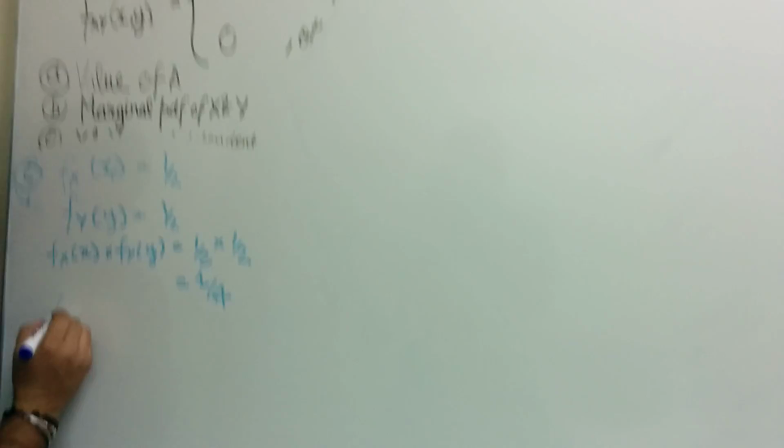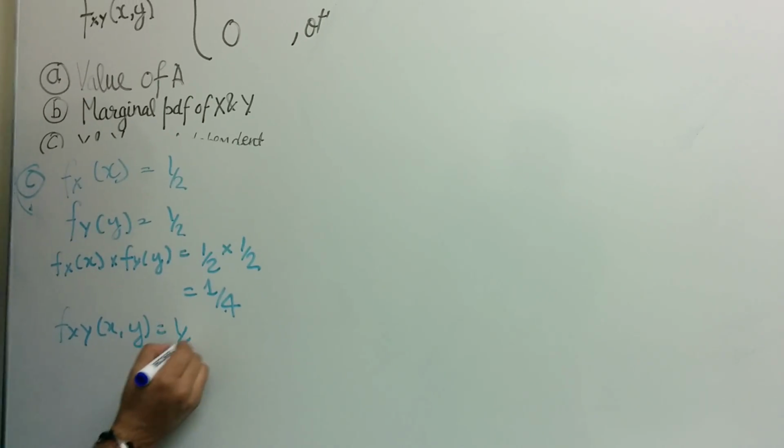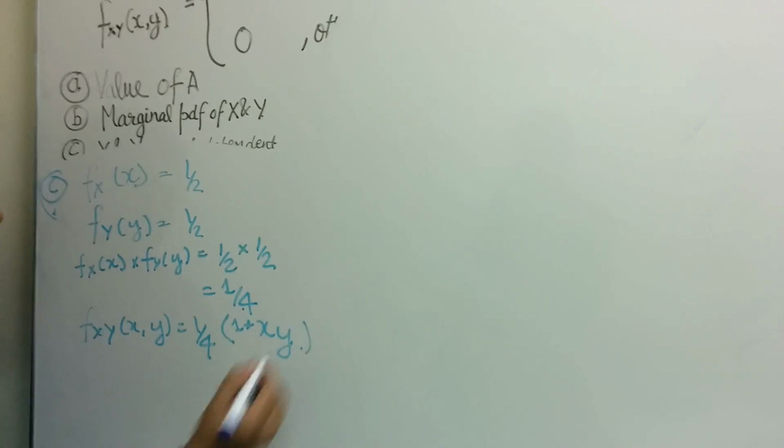But the joint PDF of x and y is 1 upon 4 into (1 + xy).